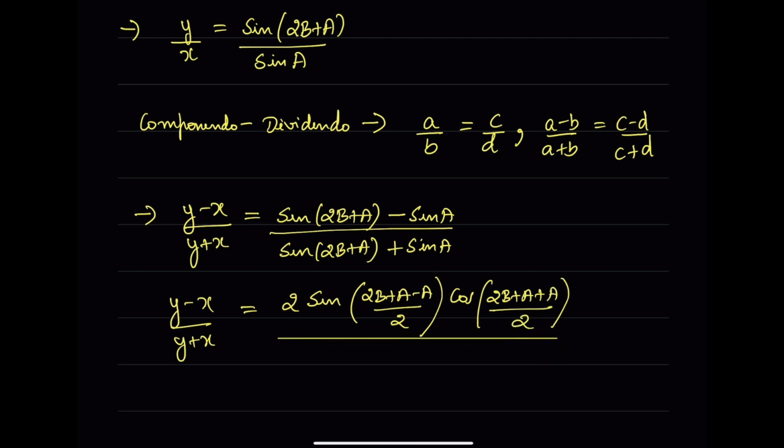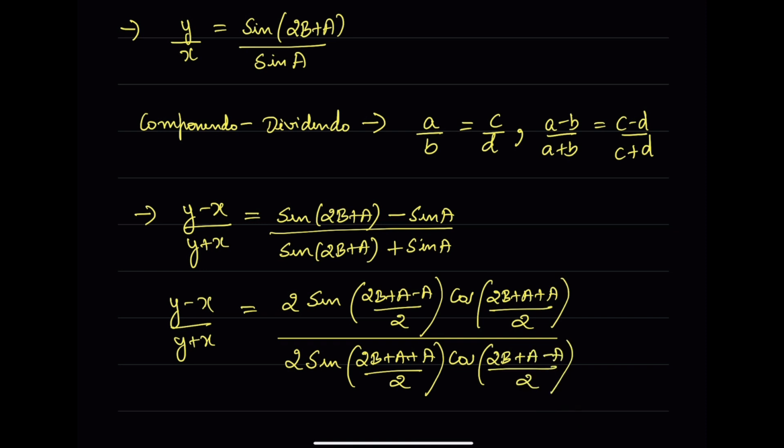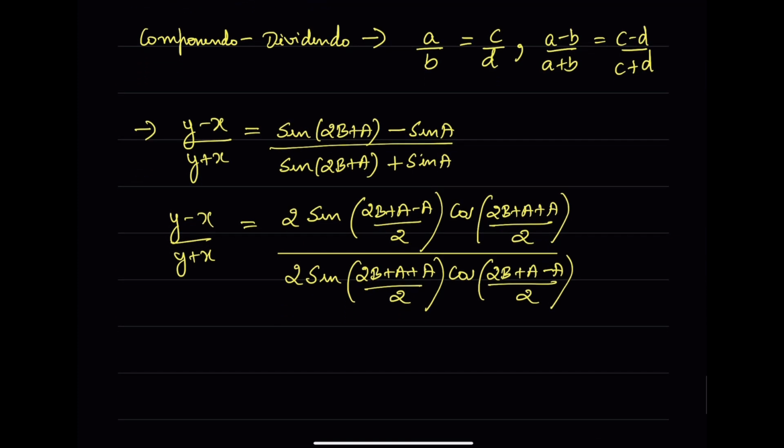This whole thing divided by, now in the denominator the formula we are going to apply is sine c plus sine d, which is 2 sine c plus d by 2, which is 2b plus a by 2, and cos of c minus d, which is 2b plus a minus a by 2.